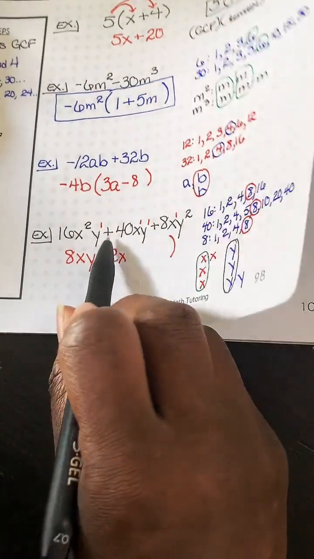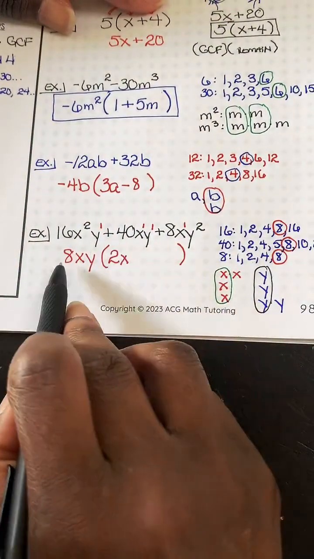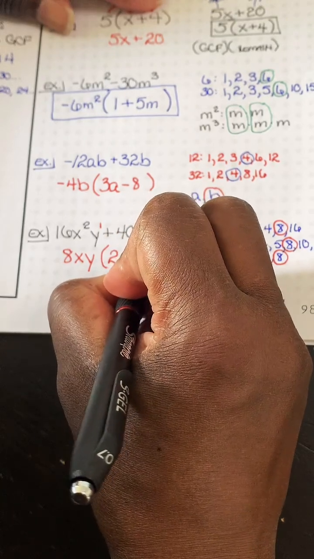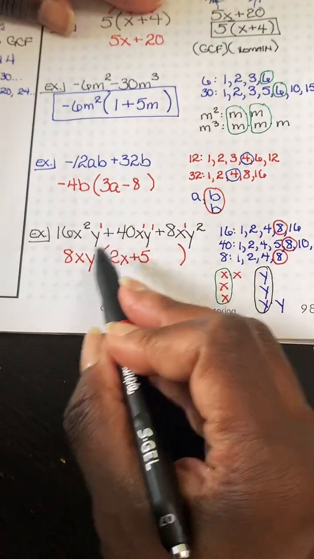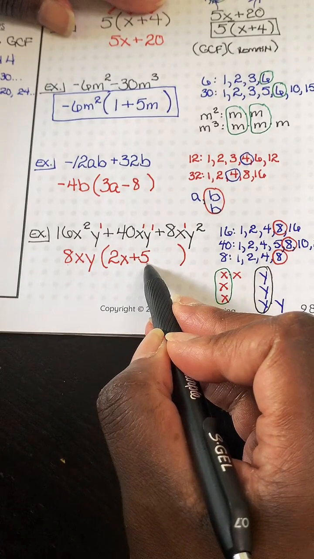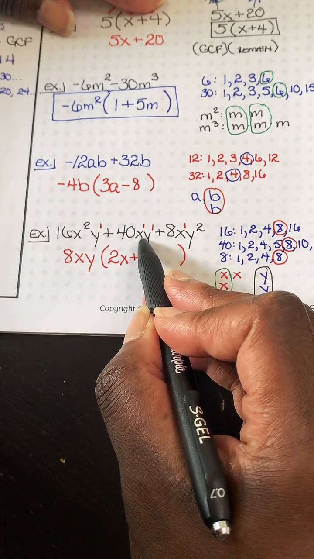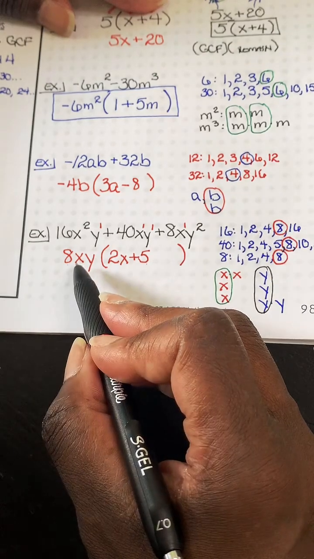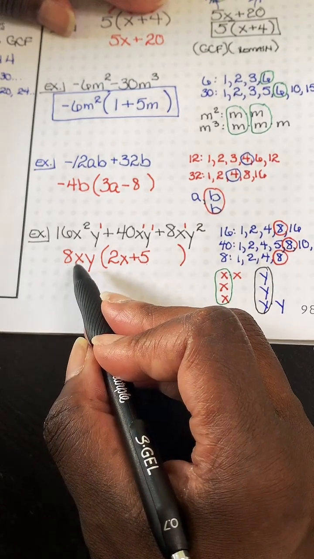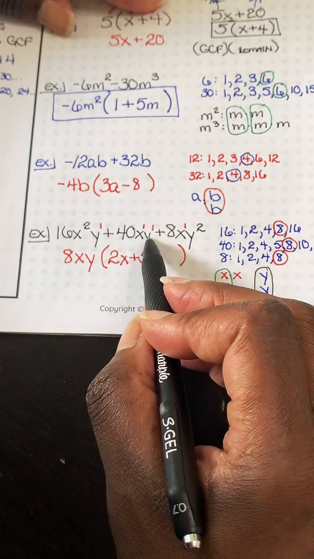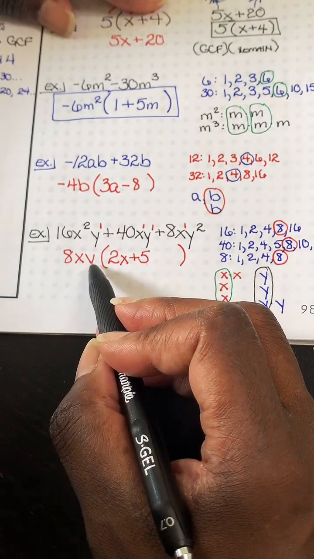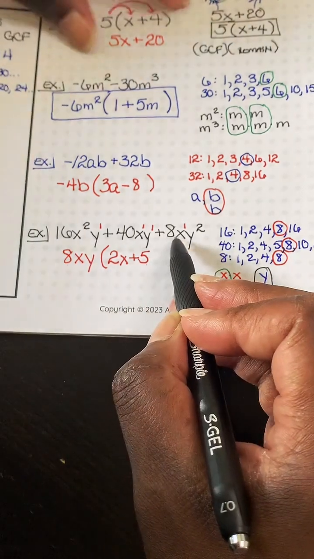All right? So positive 40 divided by 8 gives you a plus 5, because 40 divided by 8 gives me 5. You have 1 x, we pulled 1 x out, you don't have any x's anymore. Now you got your y. You pulled 1 y out, you don't have any y's left. Now we're moving to the next term.